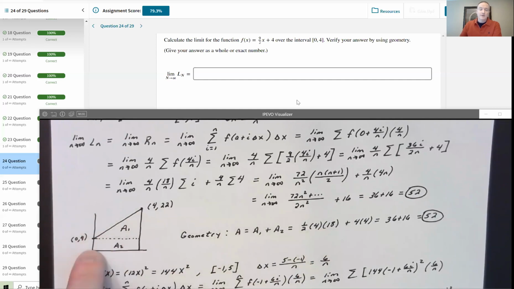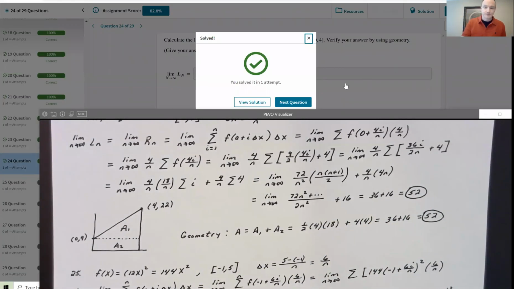Similarly, the rectangle has a base of 4 and also a height of 4, so 4 times 4 gives me the 16. Notice how that simplified out to be the exact same two components as my summation. 36 plus 16 both ways, and we get our answer of 52. Gorgeous. We put the 52 in there, check answer, yes.